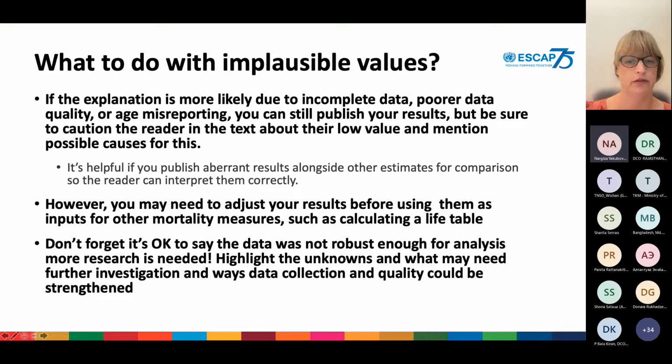If it's not too terrible or you think it's still helpful, you can still publish your results, but you do need to caution the reader about the low value and some of the possible data issues and the causes for this. So in this case, it would be helpful to publish your results alongside other estimates. So the graph that we just saw with the census, the DHS, the MICS, et cetera, alongside each other, so that readers can understand where your result lies compared to these others and interpret them correctly.